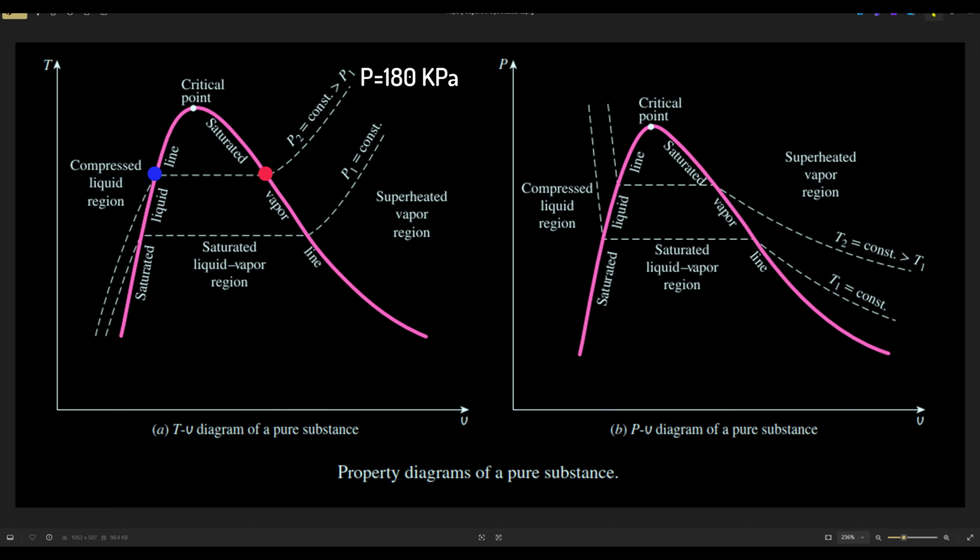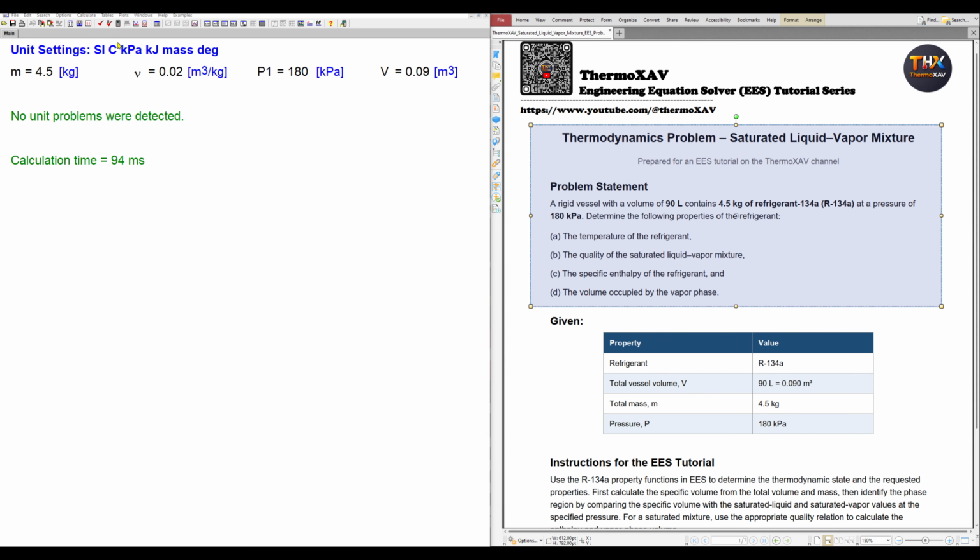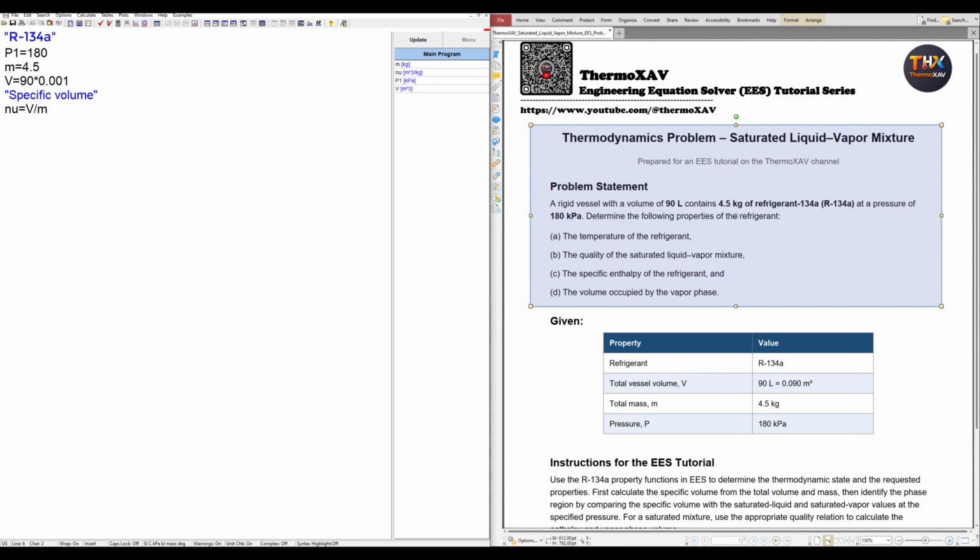So I will just simply go to the EES equation window and then start to check. I can write a comment: at this temperature, given pressure actually 180 kilopascal, I can calculate the specific volume for fluid.